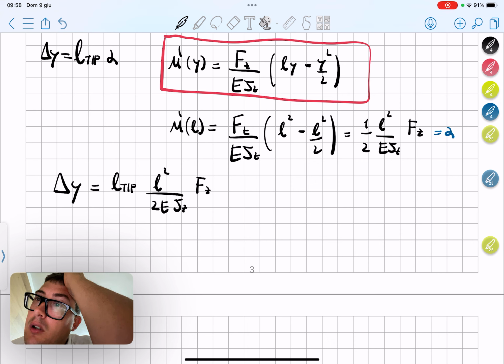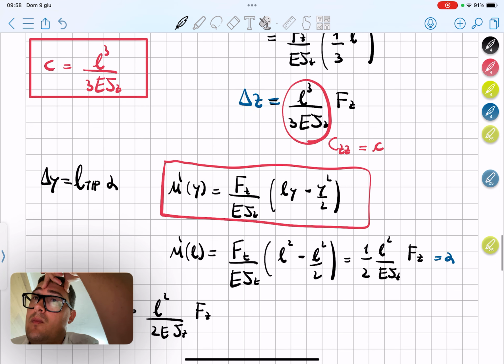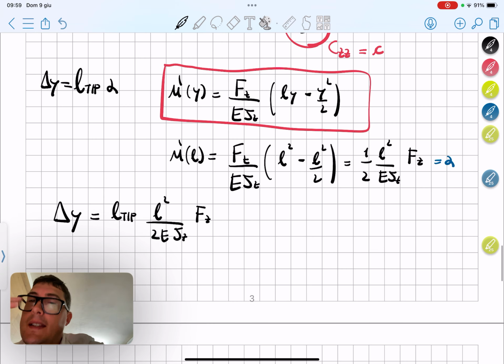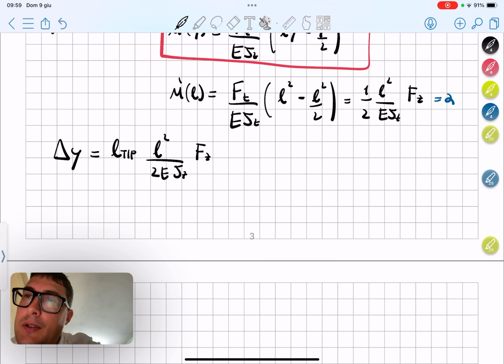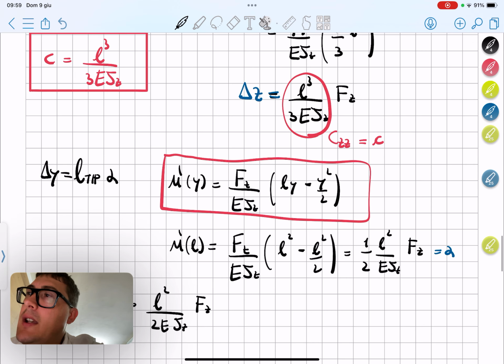Okay, f of z is this one, L to the cube 3 EJz, so we need to normalize it according to our C that we discussed above. So how do we do it? We need to imagine how to make use of this equation here.